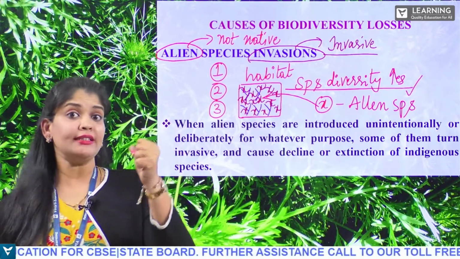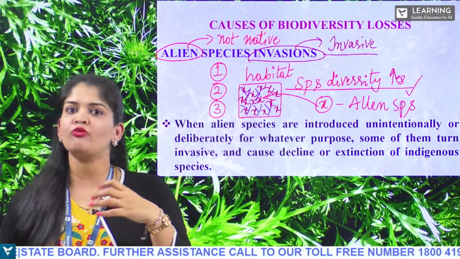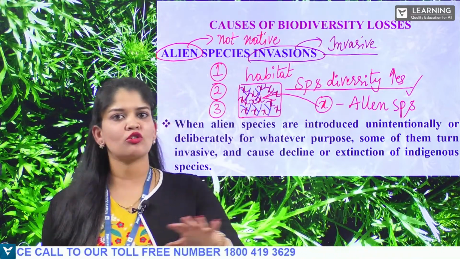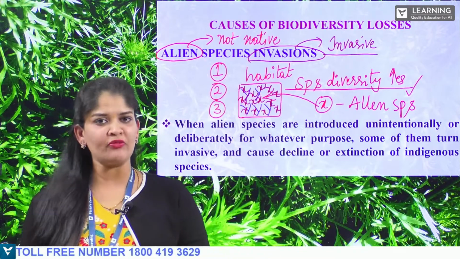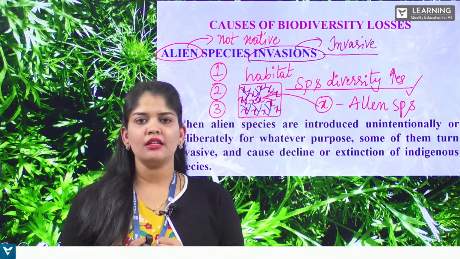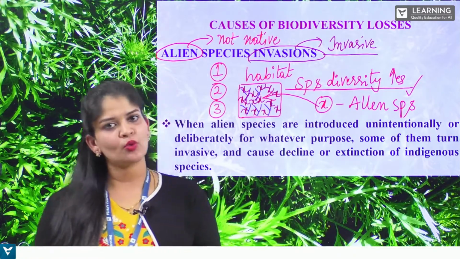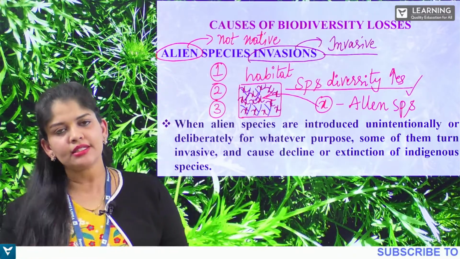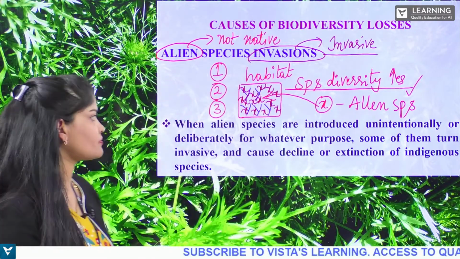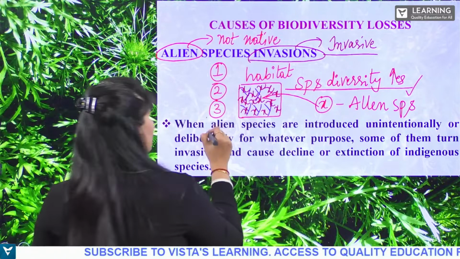As the newly introduced alien species is invasive, that means it grows very fast. It covers almost all the habitat within no time, at very fast rates. It is going to multiply. Then sooner we will come to the situation where the already existing indigenous species are going to be lost, are going to become extinct.